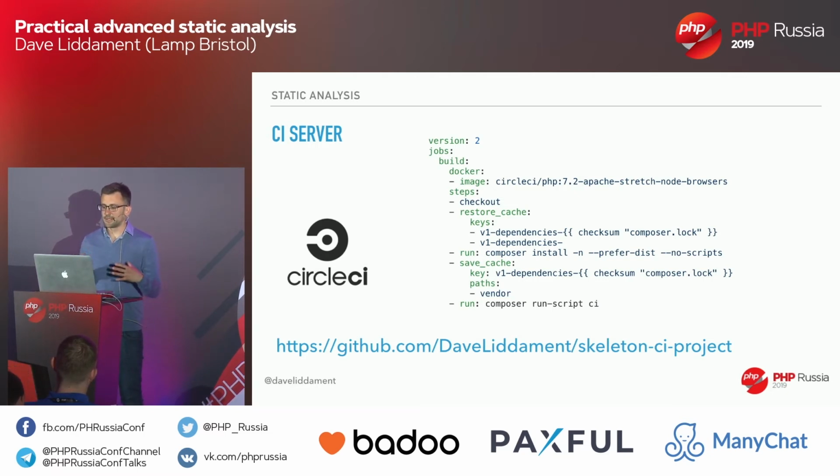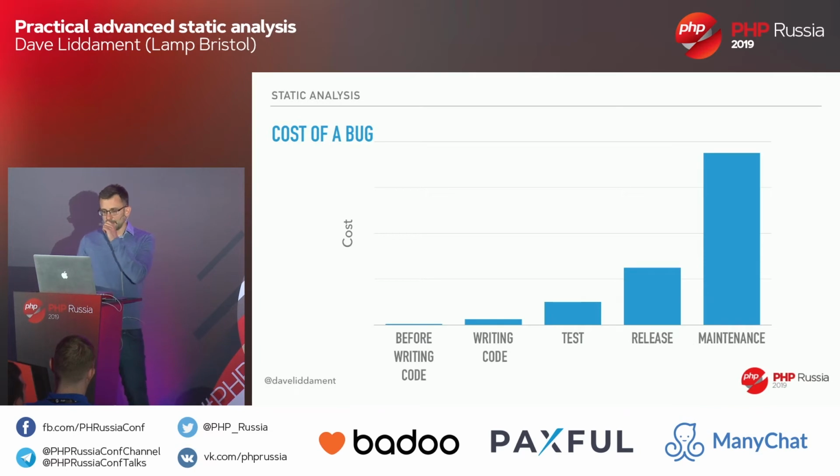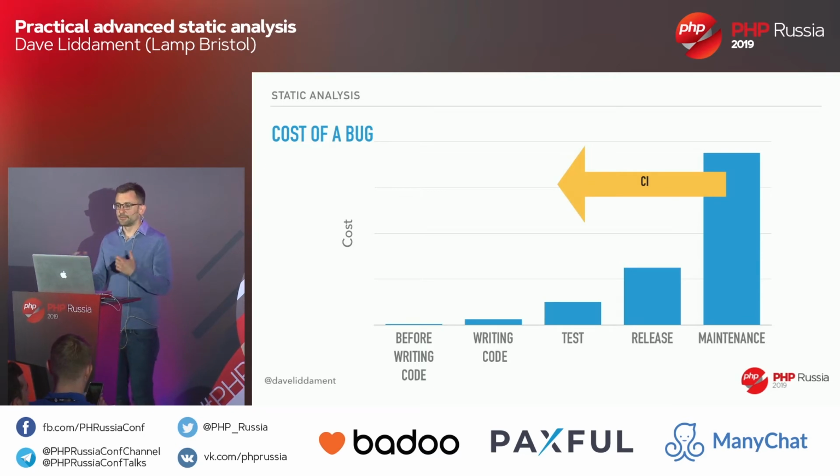So my point really is, it's very simple to get to this stage where you're running simple static analysis every time you commit code and push it up to your CI server. And if we think about our cost of the bugs, the best we can do with CI is moving it down to the point where our CI is actually run. But we can do better than that.